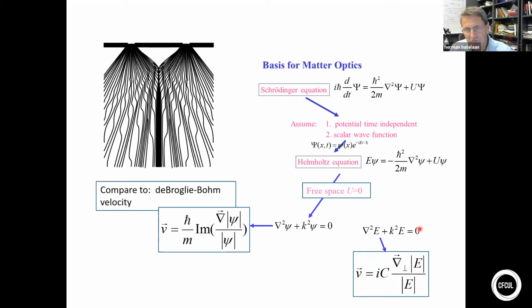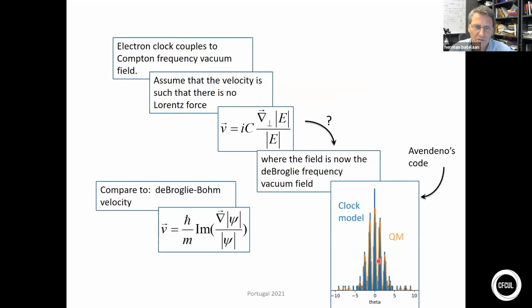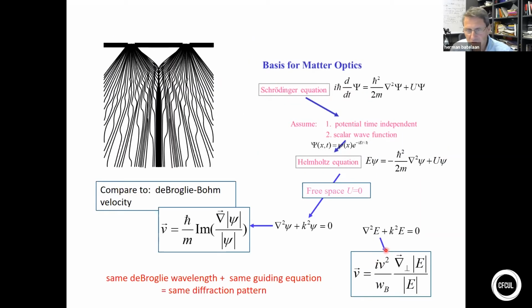Now, we know that for electric fields you can get a similar Helmholtz equation, so it's not surprising that you would get that type of solution too. And then you can find the right constant, which indeed goes into the model.